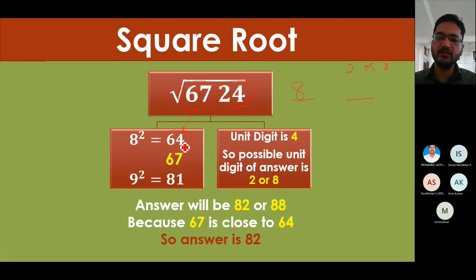Because 67 is close to 64, we will write 2 here. If it were 77, because 77 is close to 81, in that case we would write 8 here. But now it is 67 and 67 is close to 64, so we will write the lesser number, that is 2. So the answer is 82.